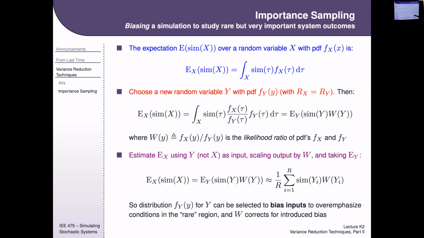After that scaling, I take the average, and this will be an average in our universe, but it'll require fewer replications to get the same precision. So we're purposely biasing our inputs to overemphasize conditions that are rare in reality.